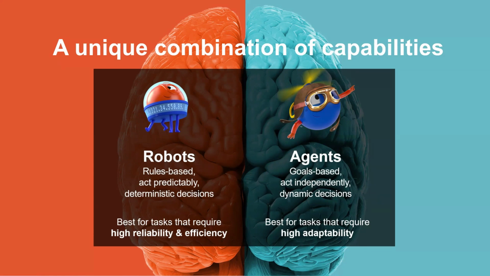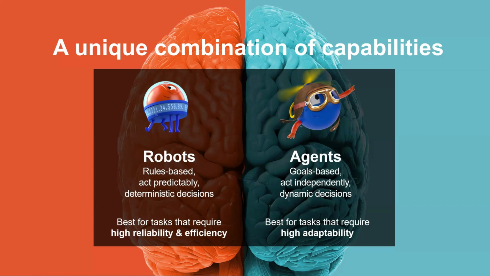The point of an agent is that you give it goals and not tasks. The agents are constantly trying to achieve these goals, and to do it, they're acting independently and taking dynamic decisions to reach the outcome they were given. So in agentic automation, we leverage robots and agents and combine their strengths to deliver the best of both worlds for the enterprise.